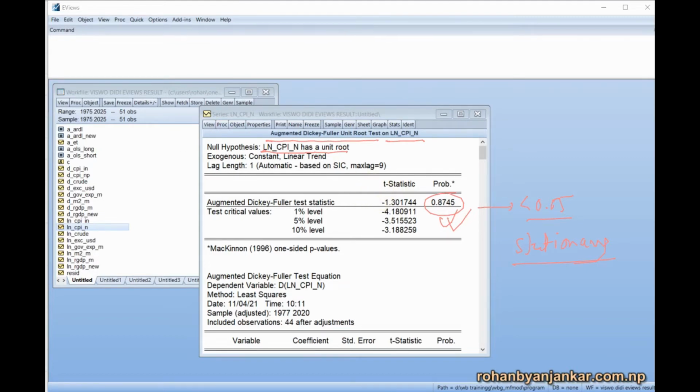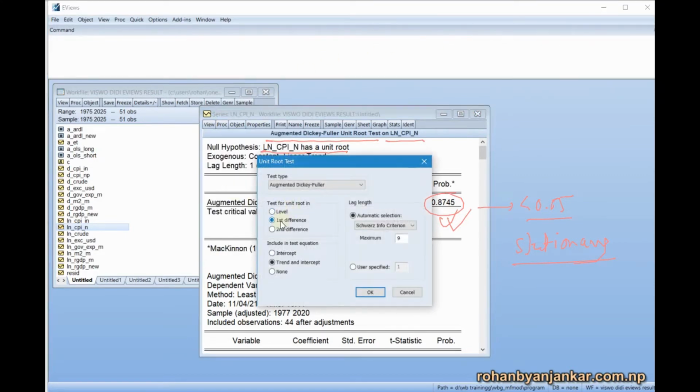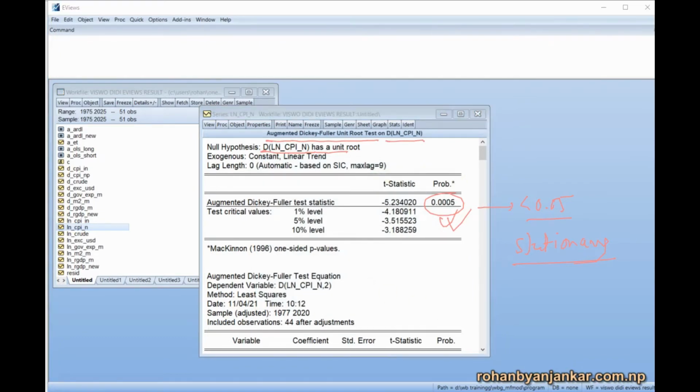So now let's go to the unit root test and click on first difference. The result changed. Now it's less than 0.05, so the variable is stationary at first difference, and this is the same result that we derived from the correlogram. So it is best to test with both approaches.